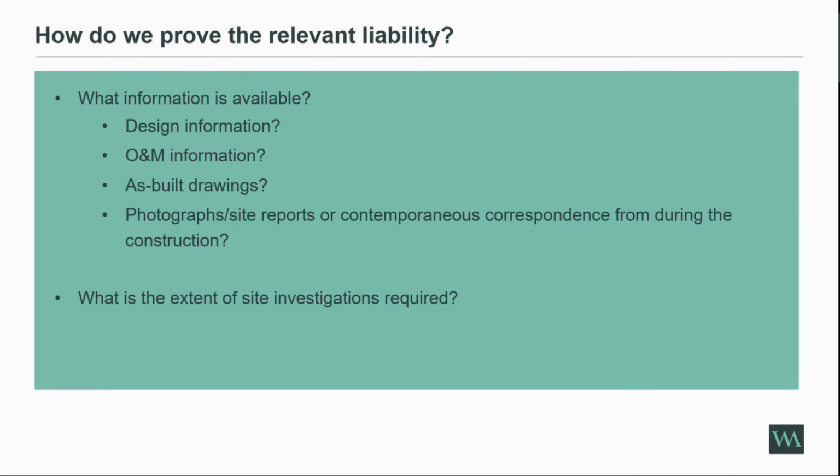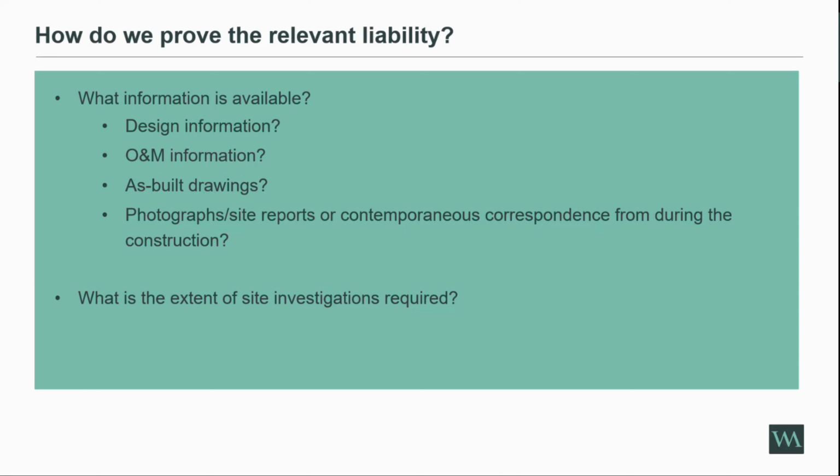So I think the key question, once we've been able to analyse what we need to understand, is how do we prove this? And this is a very expert-led process. We need to consider whether there's poor workmanship, design defects.